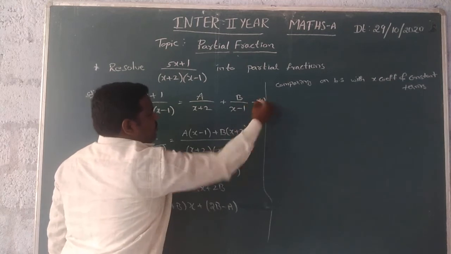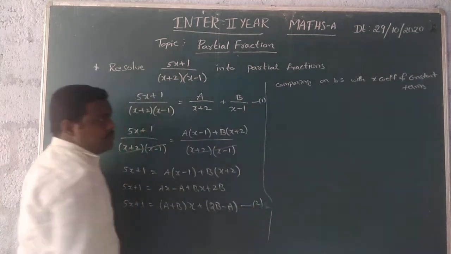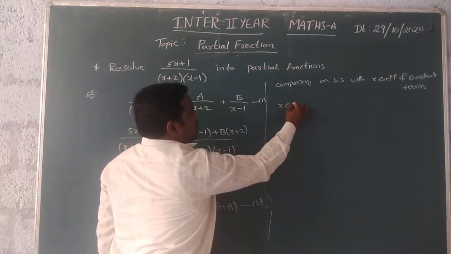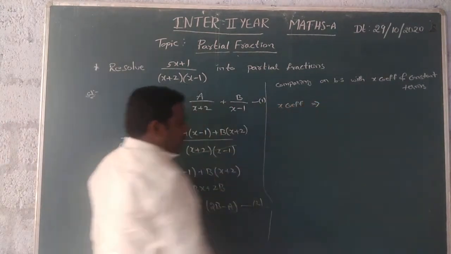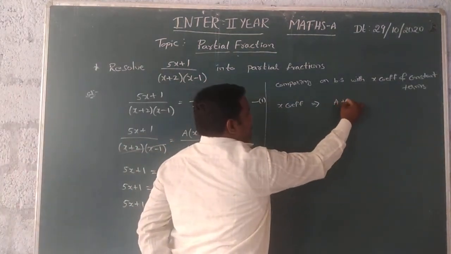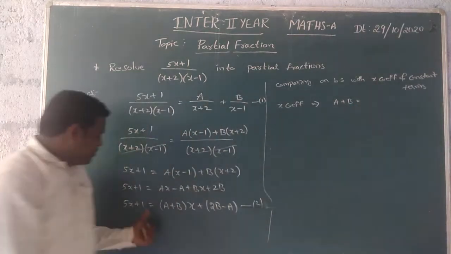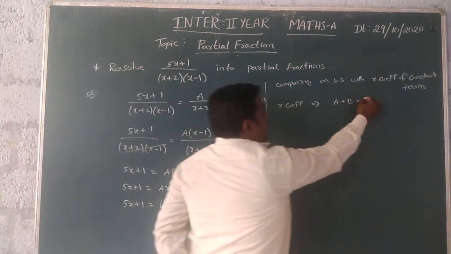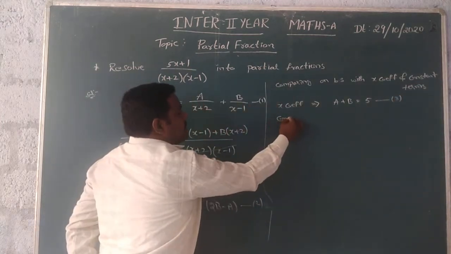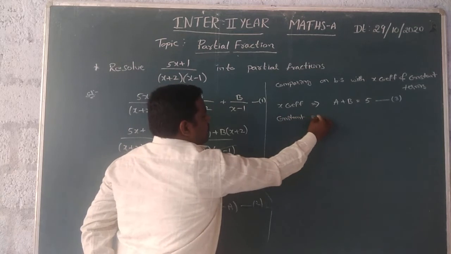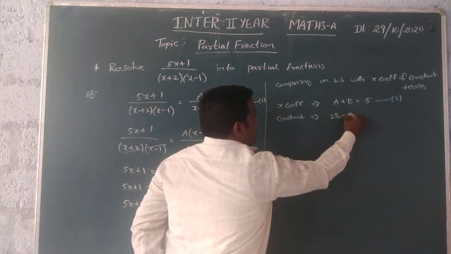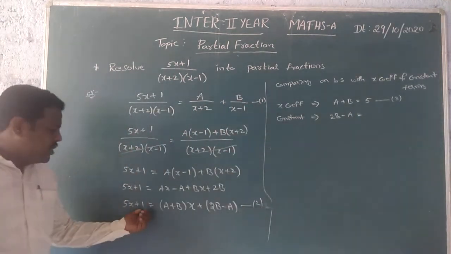On the right side the x coefficient is A plus B, on the left side the x coefficient is 5, so A plus B equals 5. Consider this as equation number 3. For the constant terms, on the right side the constant term is 2B minus A, and on the left side the constant term is 1.